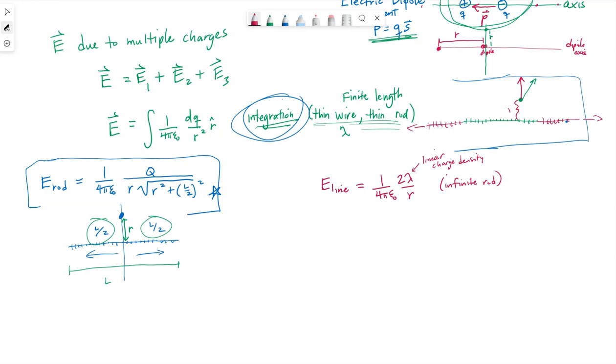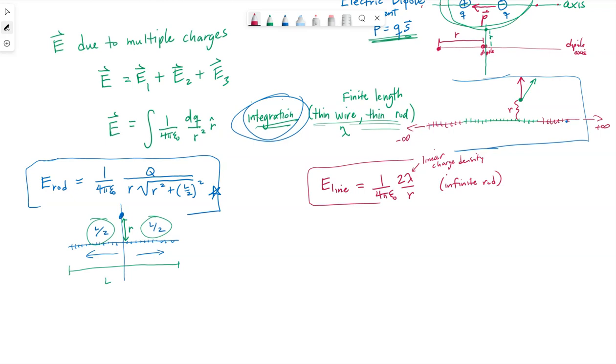R is the distance, just perpendicularly from the line or rod out to the point of interest. This equation is solved by integration, where your limits are from negative infinity to positive infinity. And this is what the solution simplifies to.